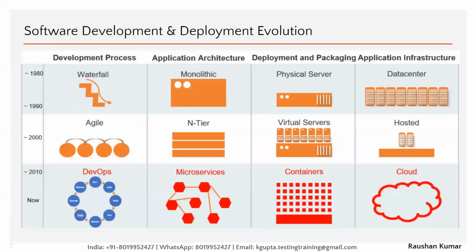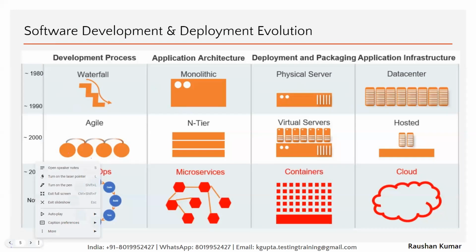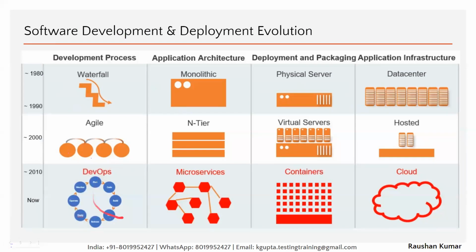Okay, now I talked about four things: DevOps, which is here, microservices, containers, and cloud. These things are not random. We need to understand how software has evolved over the years. And that's where the need is.